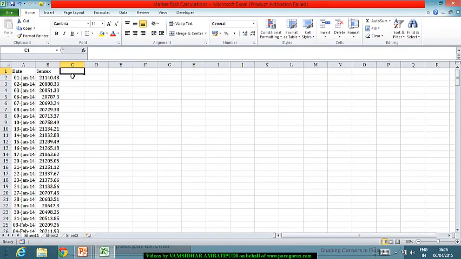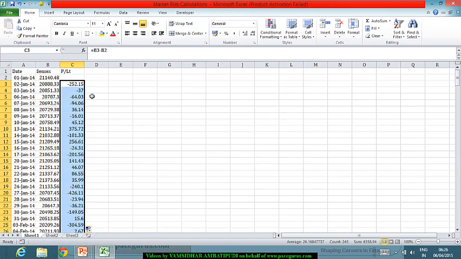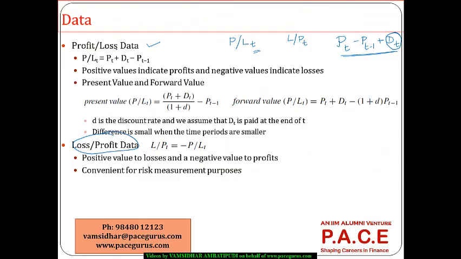If I have to go with the P/L_t computation for this, under the assumption that I am not considering any intermediate cash flow, it is nothing but the difference, P_t minus P_t minus 1, the previous day's price. So this value comes out to P/L_t, the profit to loss data. Here, a positive value means profit, and if it is a negative value, it means it's a loss compared to the previous day.